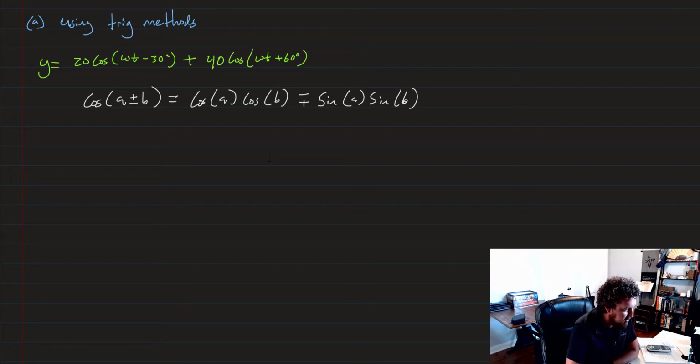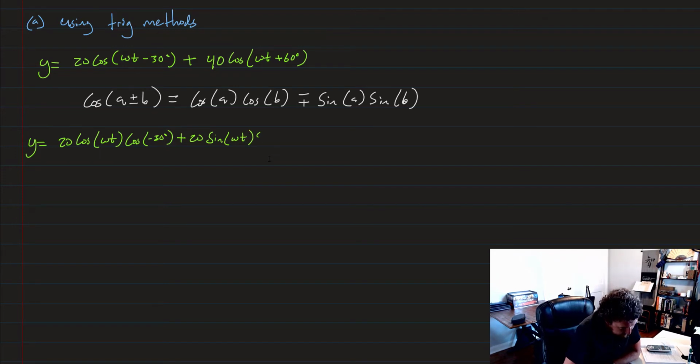So let's first apply this to both functions here. So we'll get this rather long, kind of nasty looking trig expression. We'll say that y is equal to 20 times the cosine of omega t times the cosine of minus 30 degrees. That's minus, that's going to be plus, so plus 20 times the sine of omega t times the sine of minus 30 degrees, plus, now y sub 2, so that'll be 40 times the cosine of omega t times the cosine of 60 degrees.